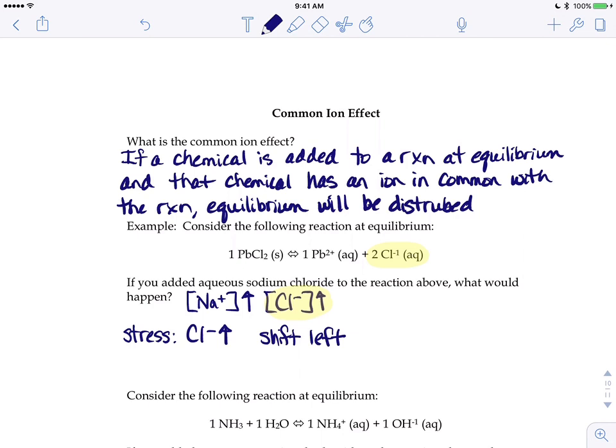If we're shifting to the left, our lead ion concentration is going to go down. And it would be inappropriate for me to say the PbCl2 concentration goes up because it's a solid. So we wouldn't have the concentration go up because you don't have concentrations. However, you would see more precipitate forming if you dumped in that extra chloride.